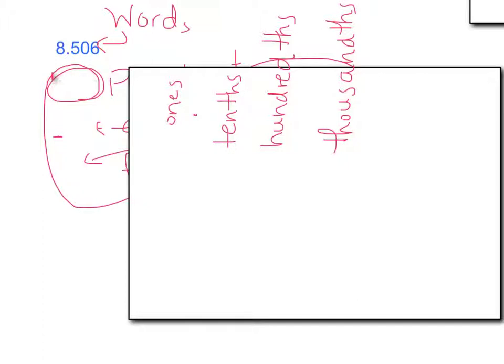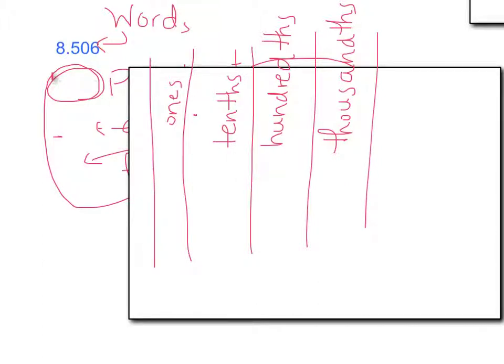Again, sorry, that goes over the edge there, but we can draw lines in between if we want. So the 4 is in the ones place, the decimal needs to be there, the 8 is in the tenths place, the 7 is in the hundredths place, and the 5 is in the thousandths place, and that's a decimal number in a place value chart.